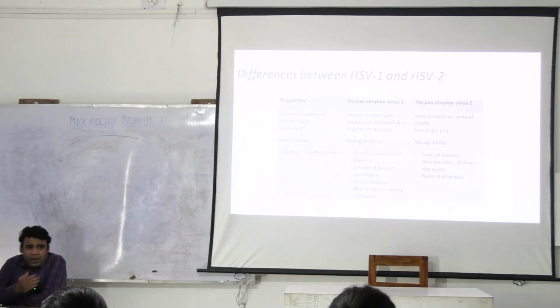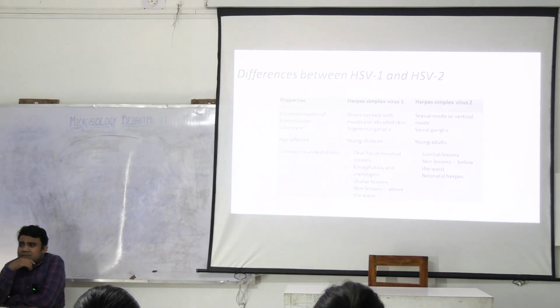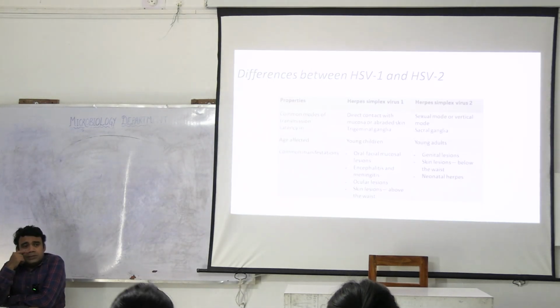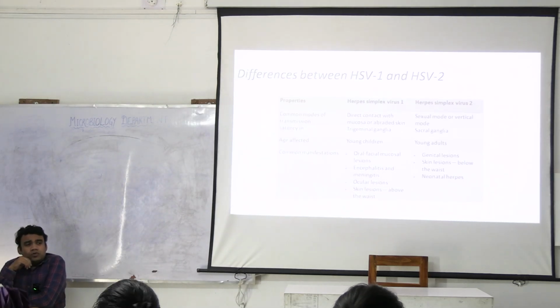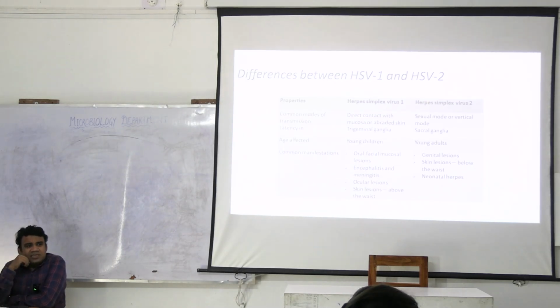Now, if we compare both herpes simplex 1 and 2, the first thing we can see is that herpes simplex virus 1 is more commonly seen in children and also in adults, and the route of spread is predominantly through mucosal secretion, that is the oral mucosal secretion, and in case of children it is the saliva. And in case of herpes simplex virus 2, although the spread is through the mucosal secretion, this route is more commonly genitourinary.